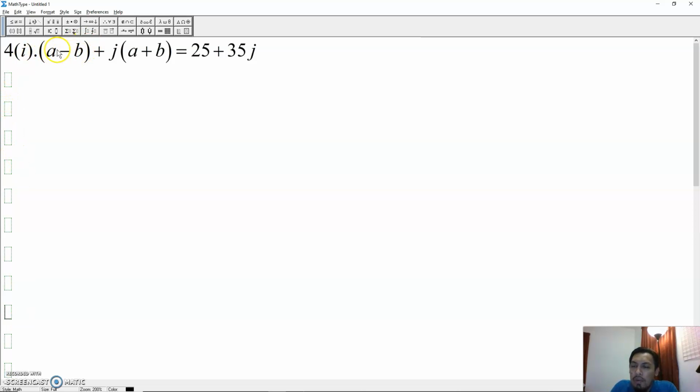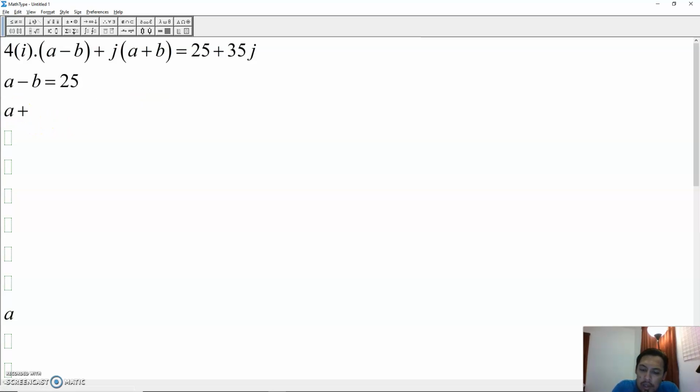So we have a minus b equal to 25, and then a plus b equal to the right hand side, which is 35.